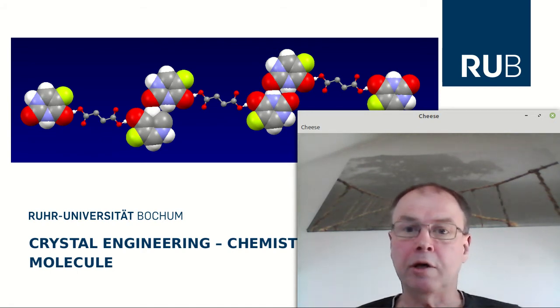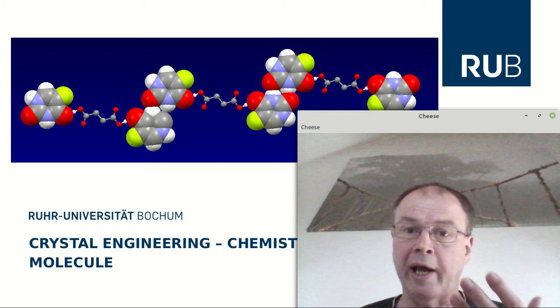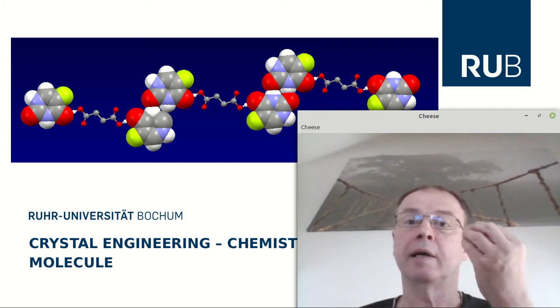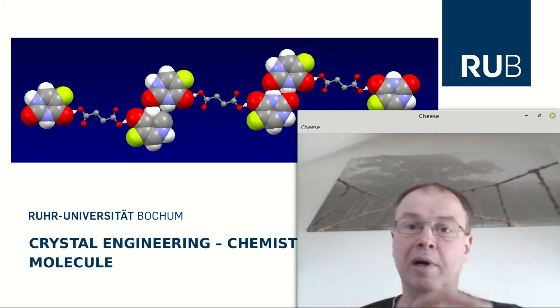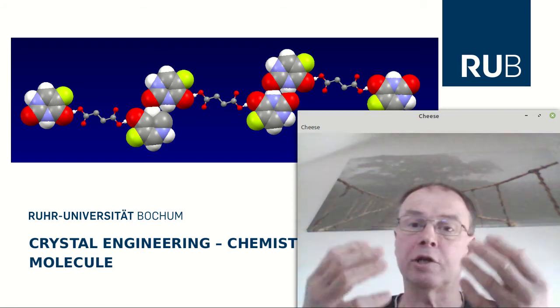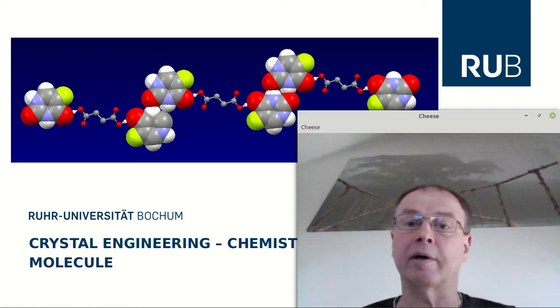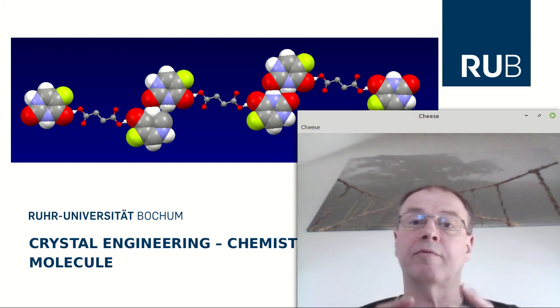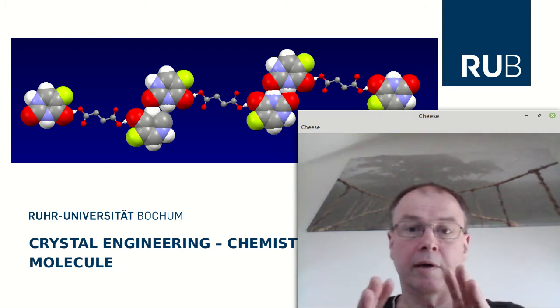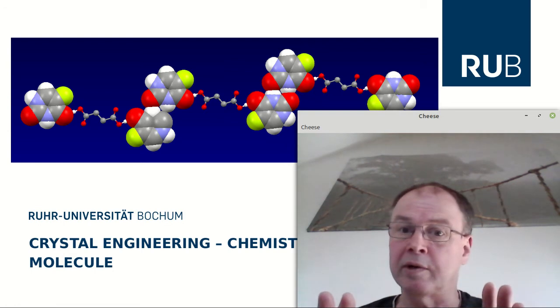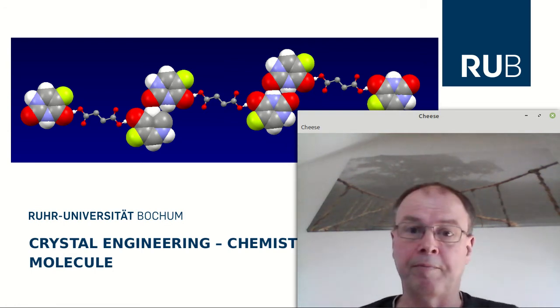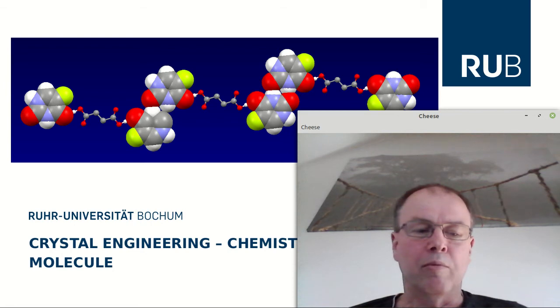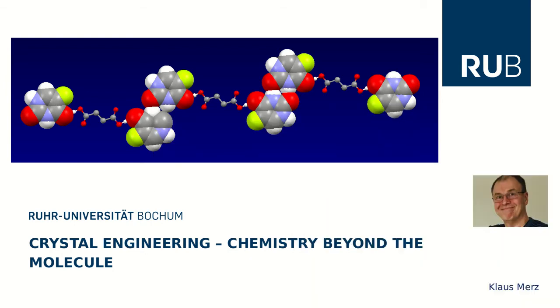We have a mixture, and what we want to get is one single compound which crystallizes from the mixture. So we have purified our compound. Now we have a solid, exactly our compound inside, nothing more. Multi-component crystals, well, this is not the purification.